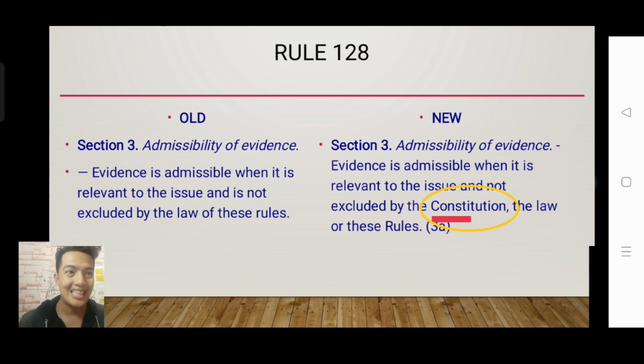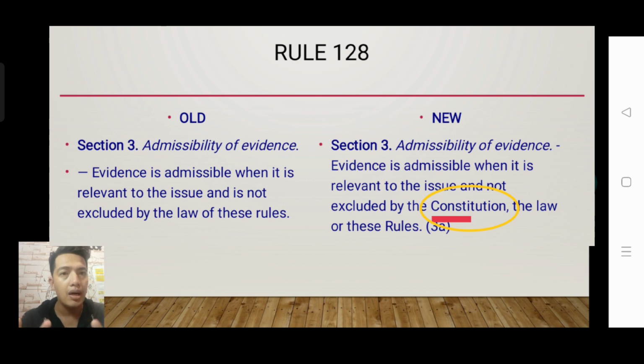So let us have an example of exclusion under the Constitution. See, for example, the right against unreasonable search and seizures. Someone was arrested because of property that was searched in his possession without a search warrant.